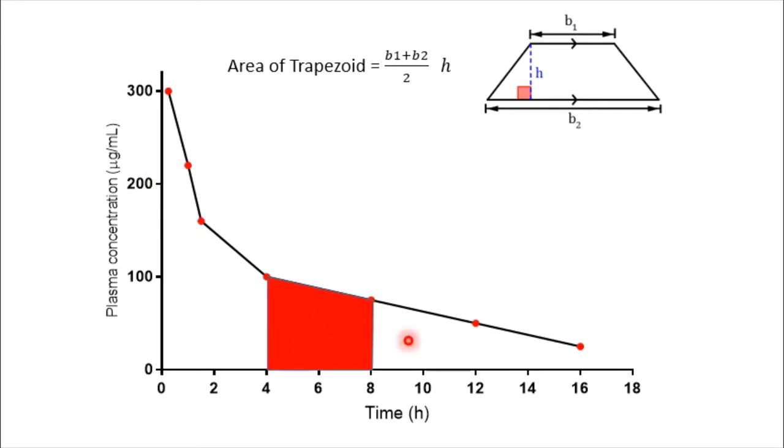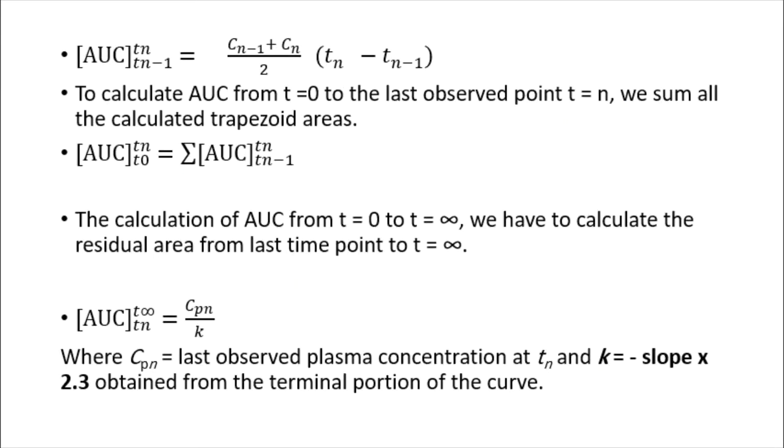we can get the area under the curve from time 0. It's not from time 0, by the way, since we didn't consider the initial plasma concentration at time 0. And then from the time of the first point until the time of the last seen point. So the equation will appear as this. The total area under the curve will equal the plasma concentration just before the point plus the plasma concentration of the point, divided by 2.